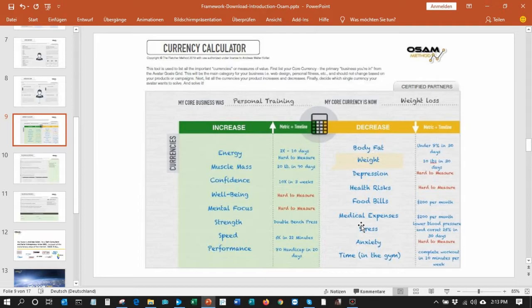When you have that, you try to find a metric and timeline for every single word you have in the list. So what is a metric and a timeline? The metric is something like a loss of 10 kg, or 2 times more energy, like here.